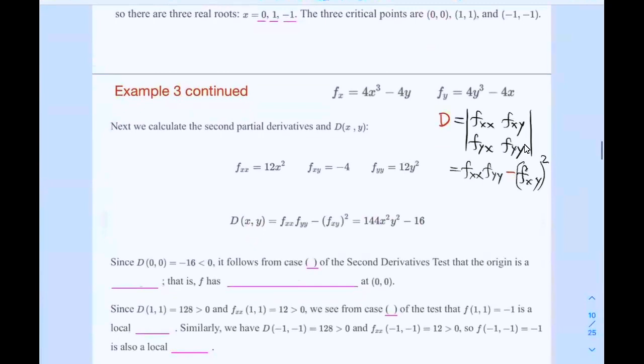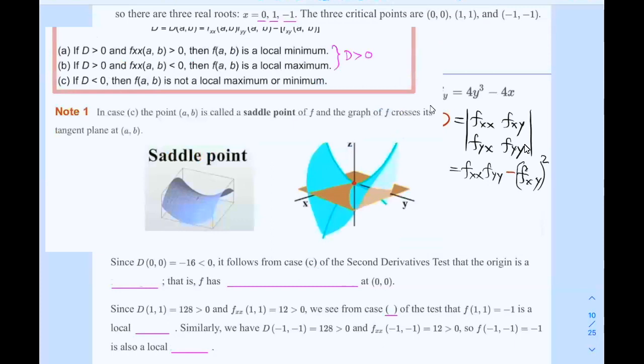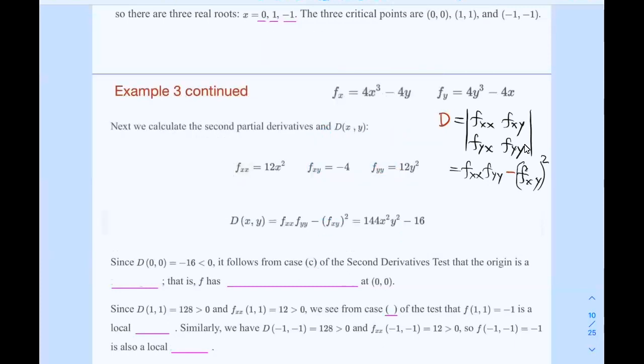So it follows from which case? When D is less than 0, case A, B, or C? C. Yeah, you said C. You got it. From case C, at 0, 0, the origin is what kind of point? A saddle, right? Let's go back.